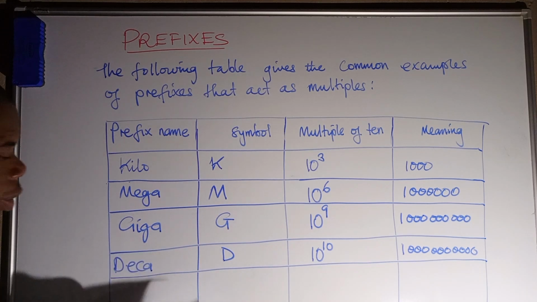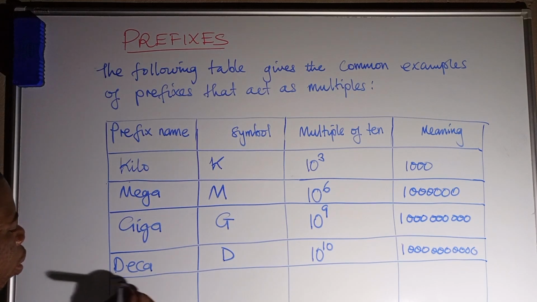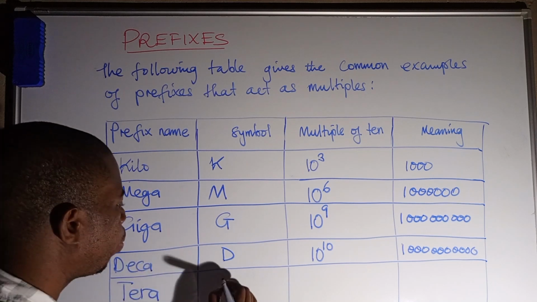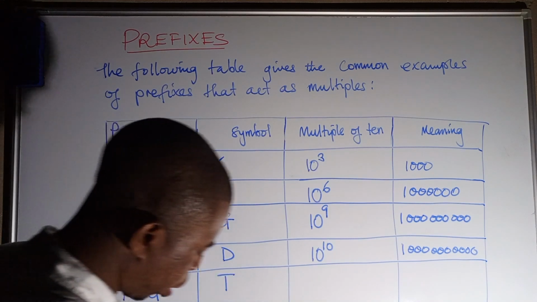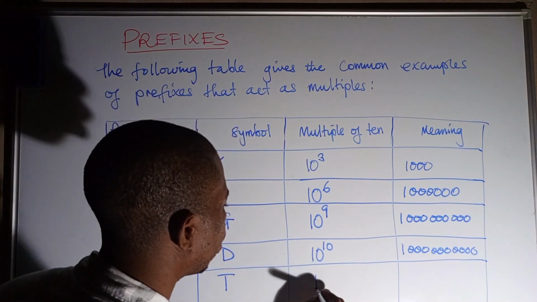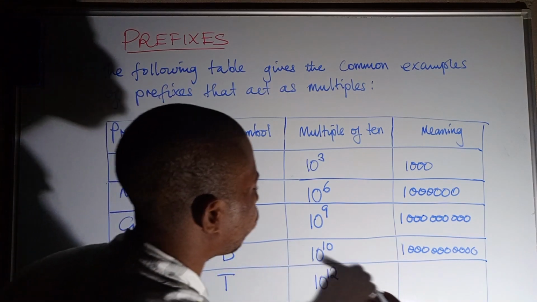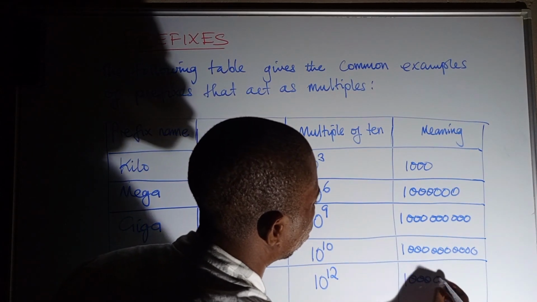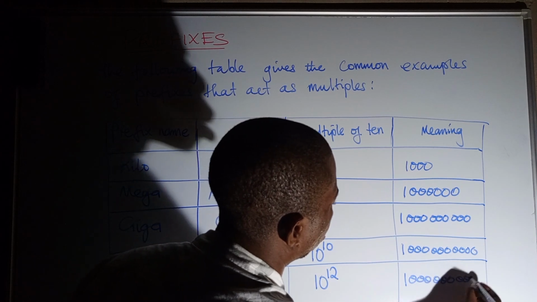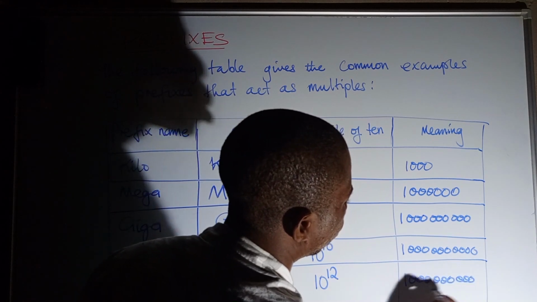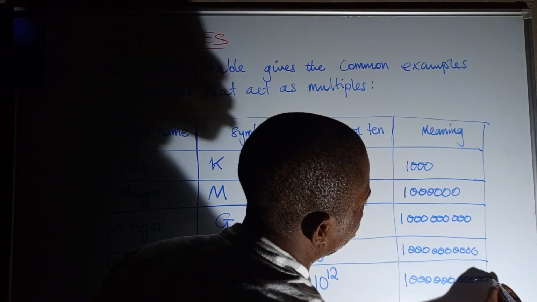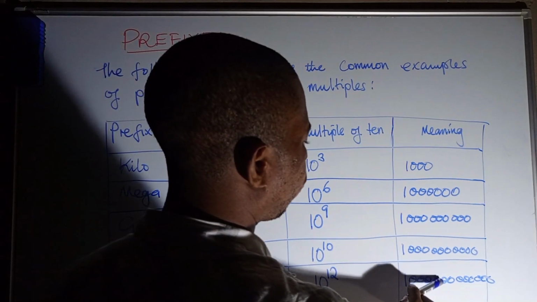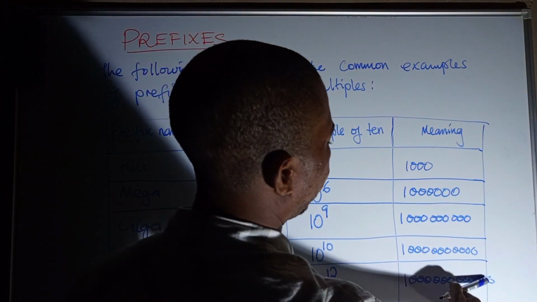Then the other one is tera, represented by capital T, which stands for 10 to the power 12, which means 1 and 12 zeros: 1, 2, 3, 4, 5, 6, 7, 8, 9, 10, 11, 12.